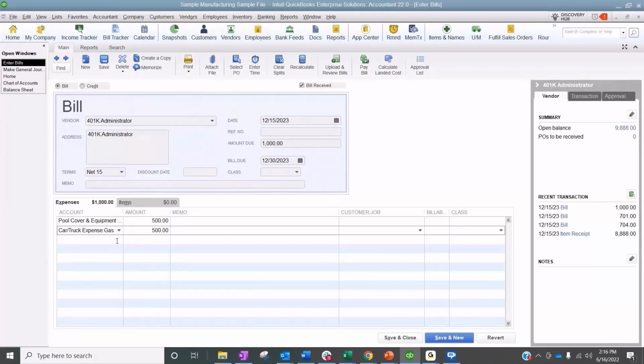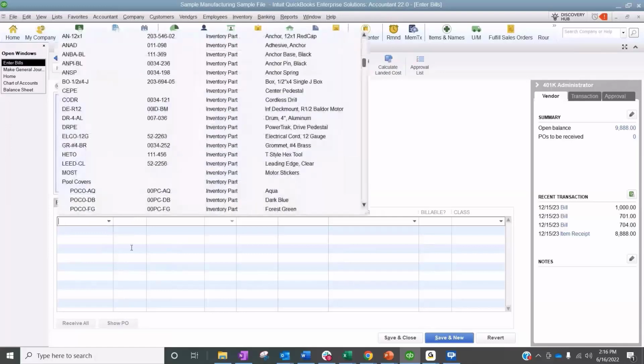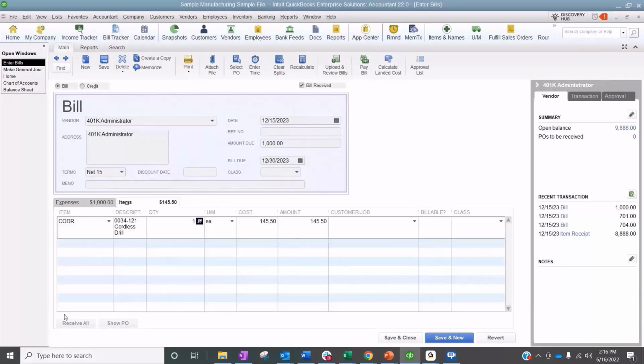Now expenses is pretty straightforward, as I was saying, but you can also use items. Items, I don't know where this item's pointing to. So if I put the item on here for $145 for one, I can't easily see on this transaction which account this item is going to affect.